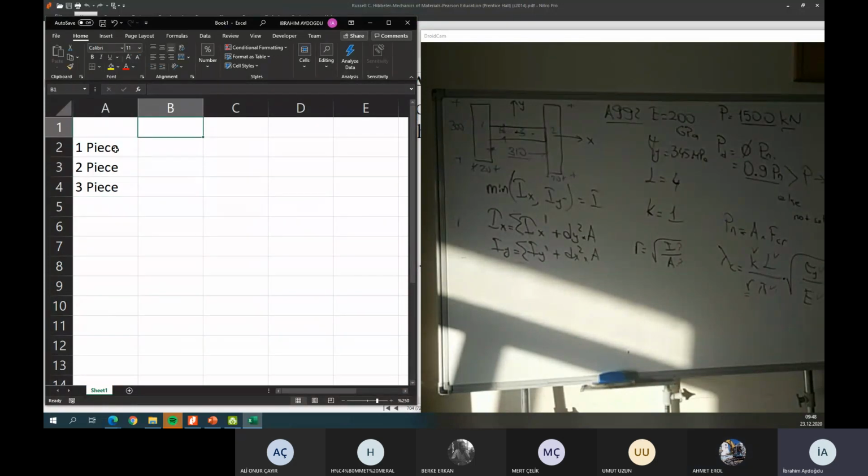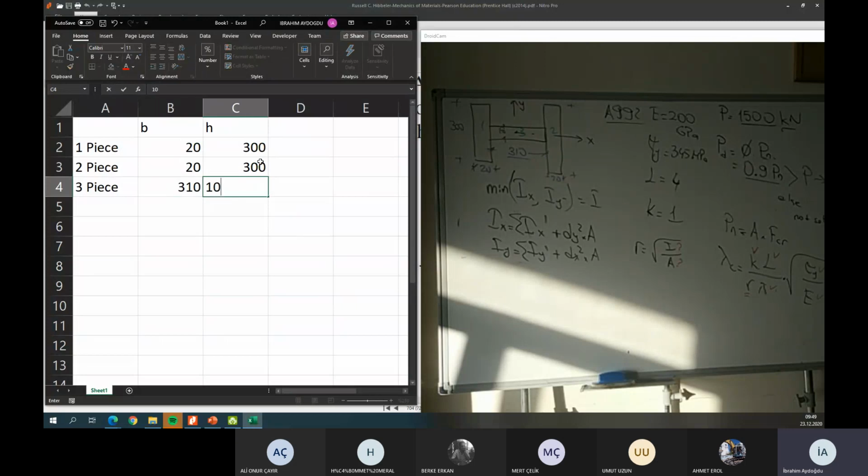All are rectangles, therefore I want to use the b, h values here. Width of the first and second parts is 20, height is 300. The last one, the third part, width is 310 and the thickness is 10, isn't it?